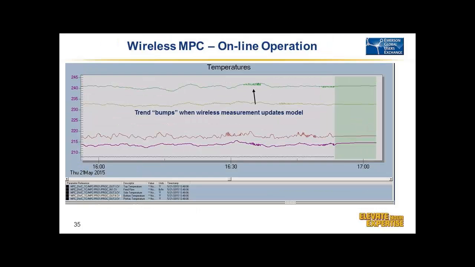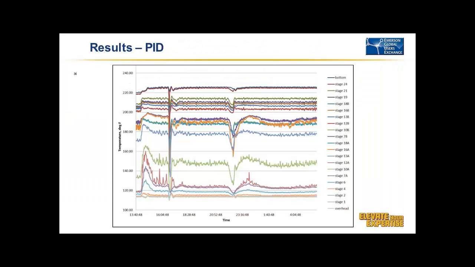On some trends, we observed those bumps, which really express the wireless operation. I may just ask why we don't observe it here, because apparently the change of the measured variable was faster than the wireless transmission when the changes happen. And those are results which, from, let's say, a process engineer standpoint, Bailee will provide.